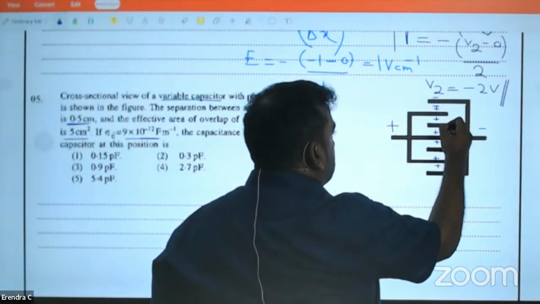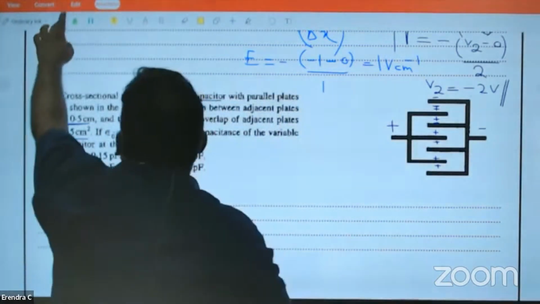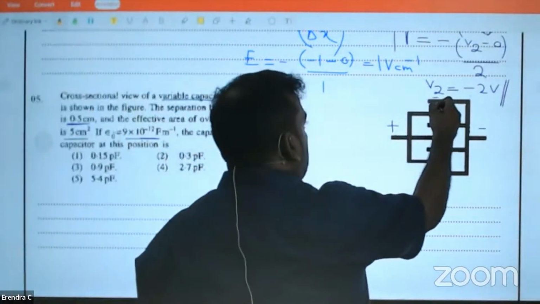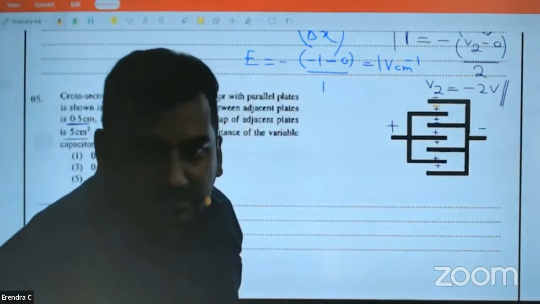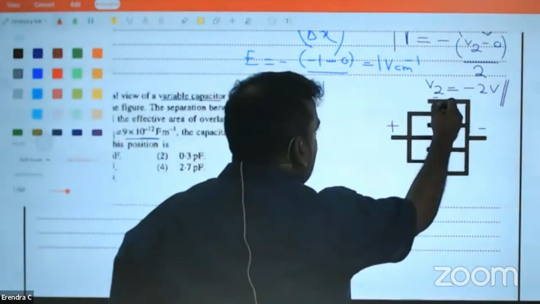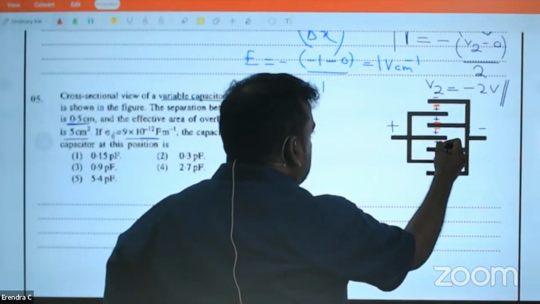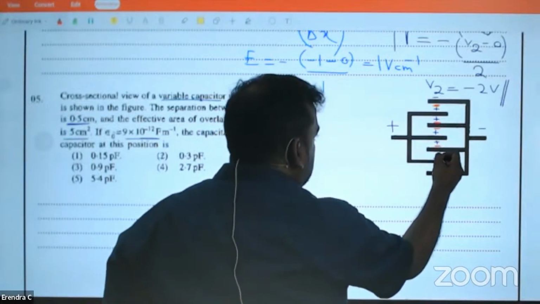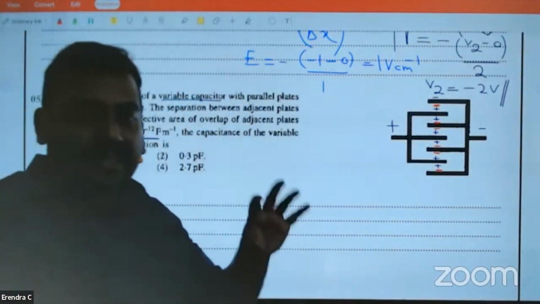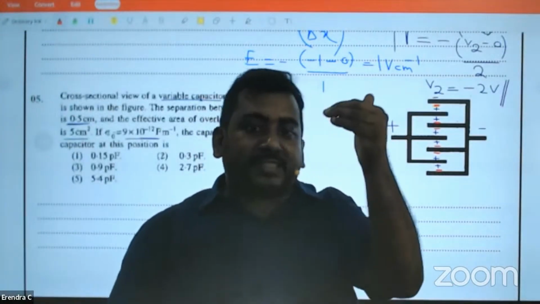I'll use a different color, something that is prominent. Is it prominent? I don't know. And minus, minus, minus. If there is an electric field, it will be between plus and minus.